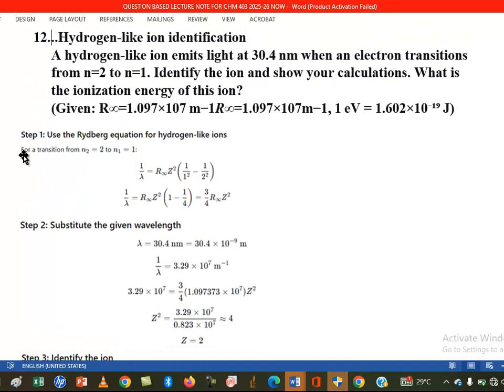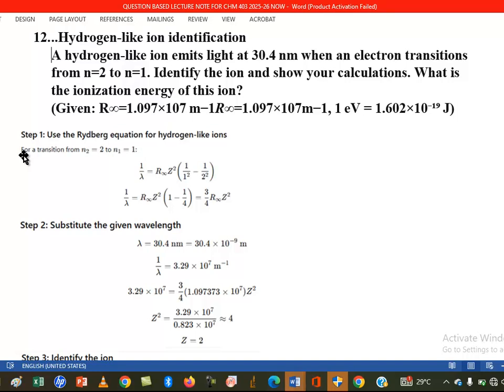So a hydrogen-like ion, remember I talked about the hydrogen-like ion the other time. The hydrogen-like ion emits light at 30.4 nanometers when an electron transitions from n equals 2 to n equals 1.